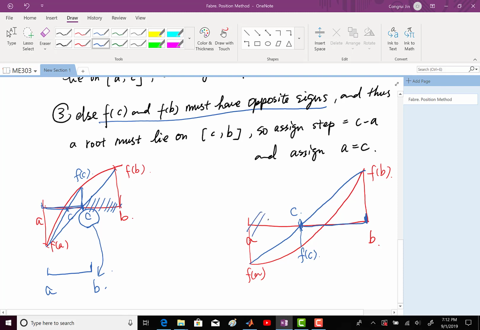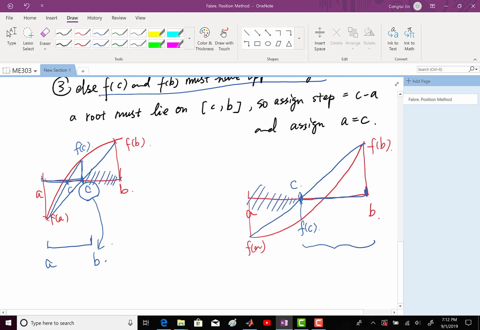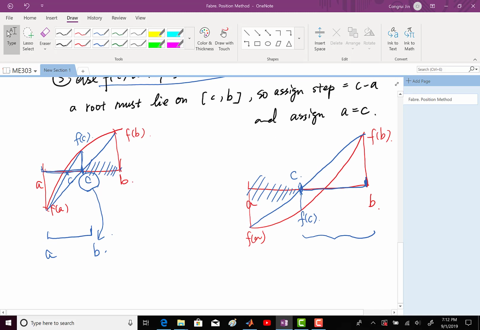And then we can remove this interval A to C. And in the next iteration, this interval will be the new A to B. So this one will be called A, this one will be B. So that's why we assign the value of C to the variable A. So this C will be the new A. Okay, and then when you start the next iteration, this one will be A, FA, this is B, FB.